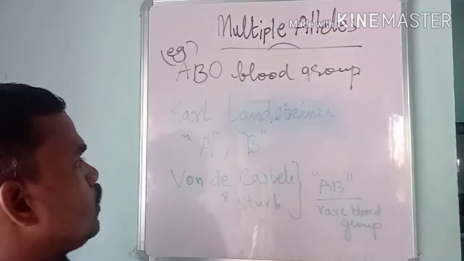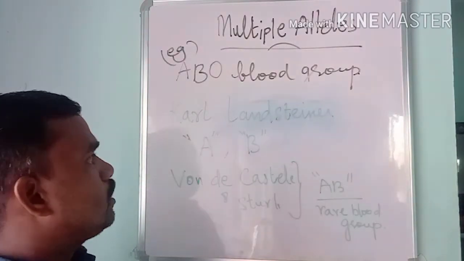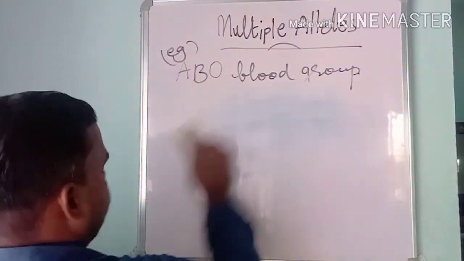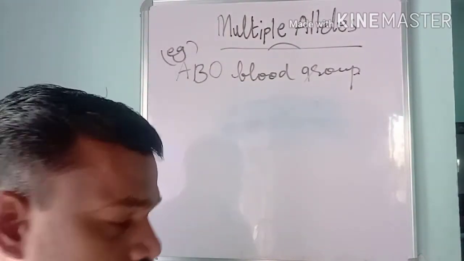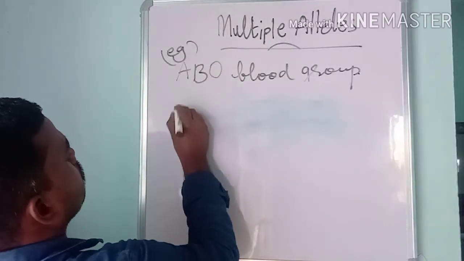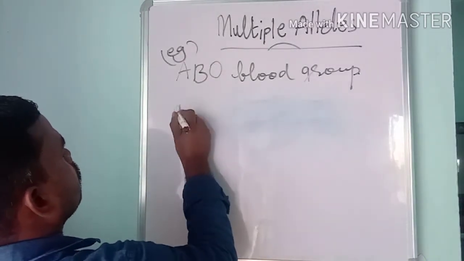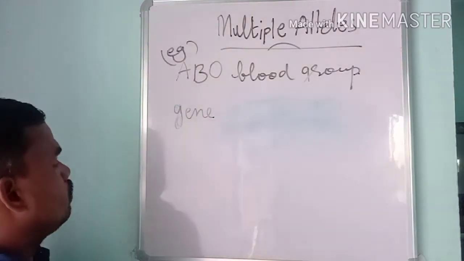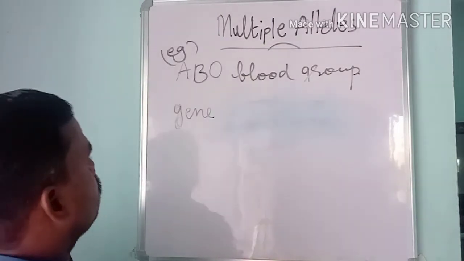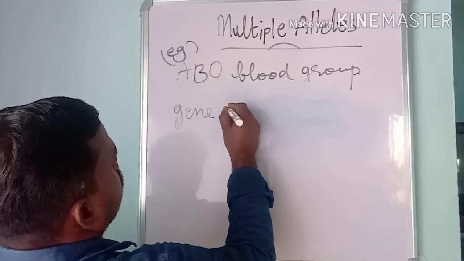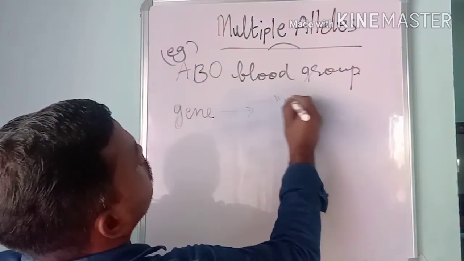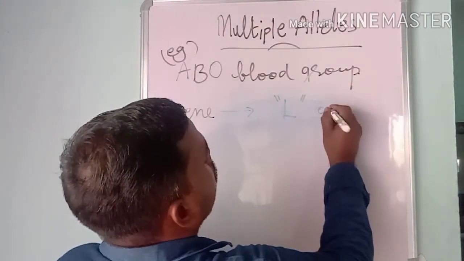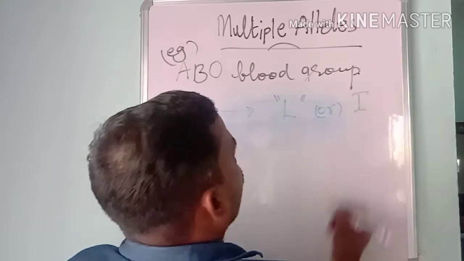The gene which controls the blood grouping is termed as L or I. What is the meaning of L?